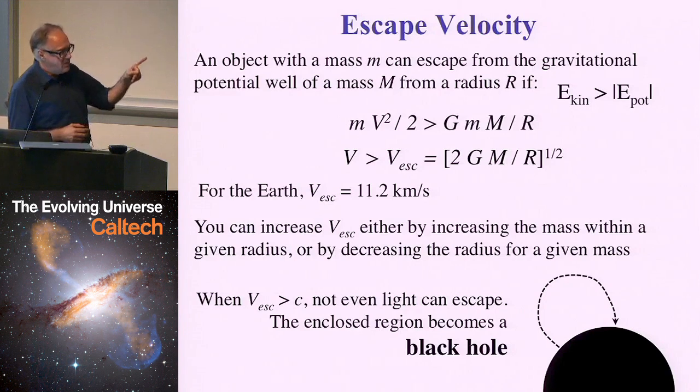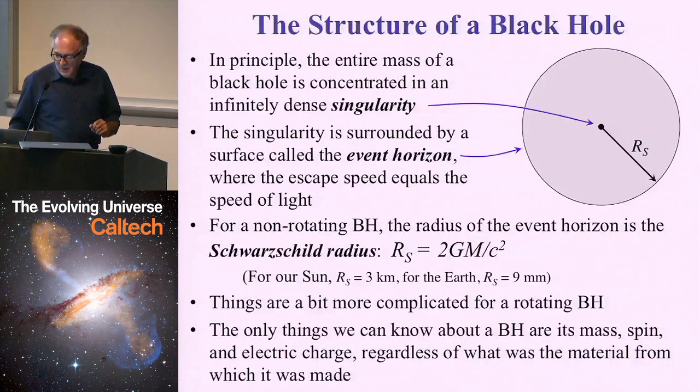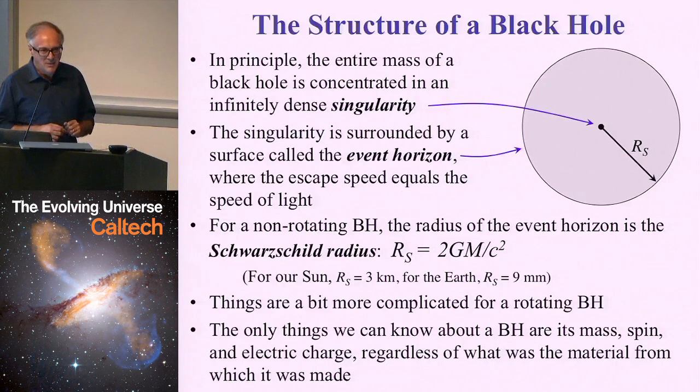If you actually follow up this simple algebra, you'll get an answer that's wrong by a factor of 2, and that's because there are some relativistic corrections, but intuitively it's the exact same thing. So black holes are very simple. There is a point and there is a sphere, at least if they're not rotating.